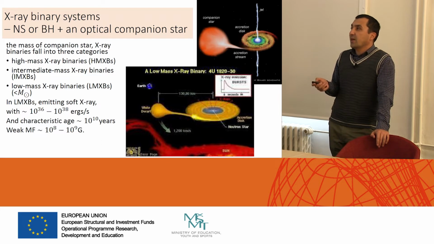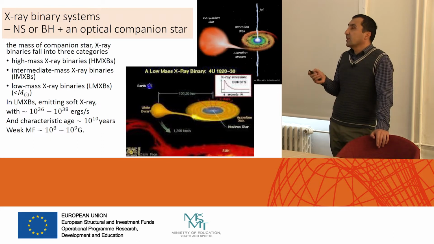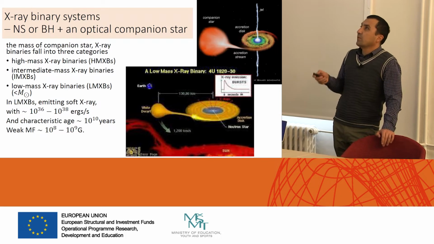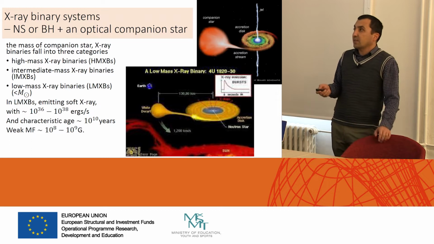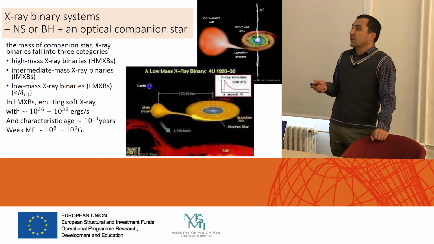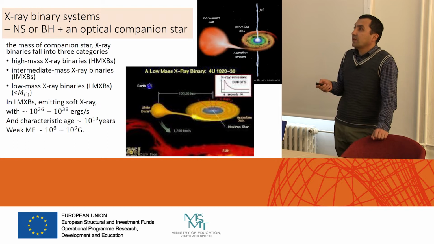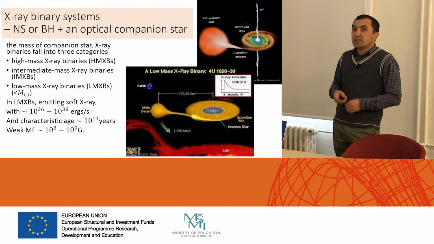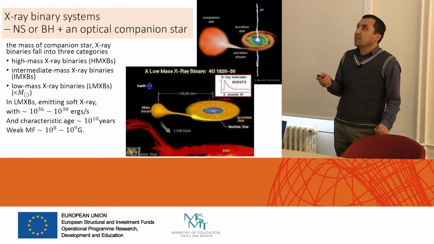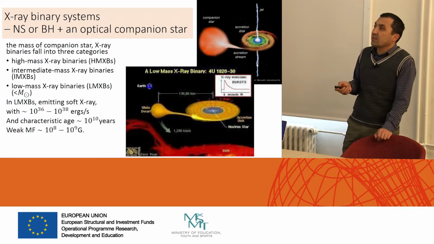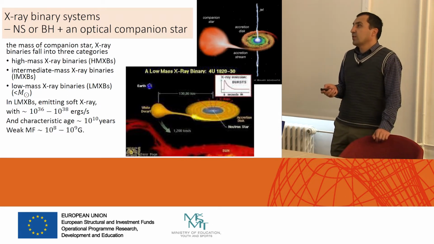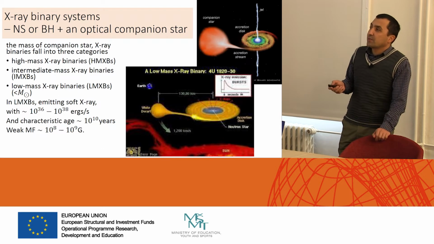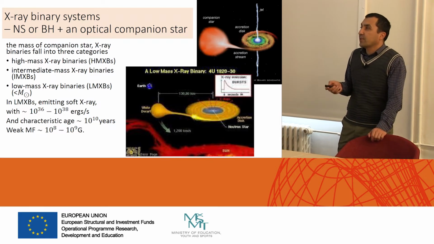The characteristic age of neutron stars, for example, is about 10 to the power 10 years, and the magnetic field is weak enough in low mass X-ray binaries, about 10 to the power 8 to 10 to the power 9 Gauss.